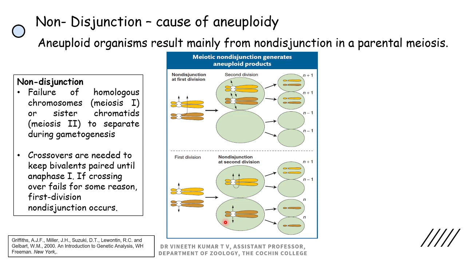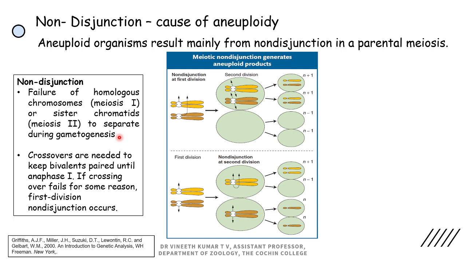Now, what is the cause of this aneuploidy? We discussed the cause of aberrant euploidy, so now we are going to discuss the cause for aneuploidy. The cause of aneuploidy is a process called non-disjunction. Non-disjunction is a failure of either the homologous chromosomes to separate during meiosis 1, or the sister chromatids to separate during meiosis 2, which is similar to mitosis.